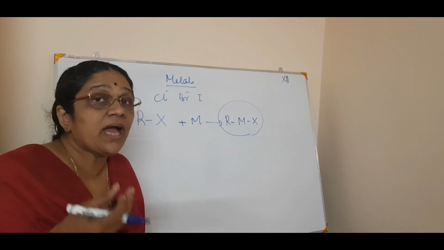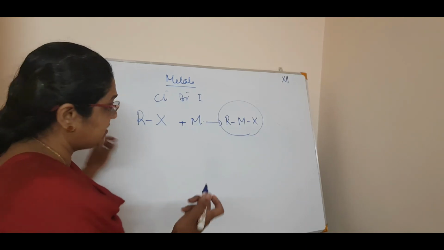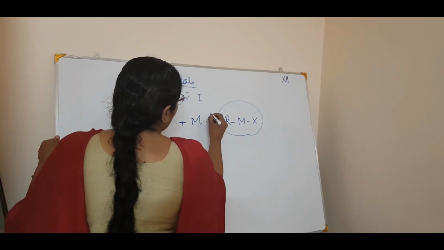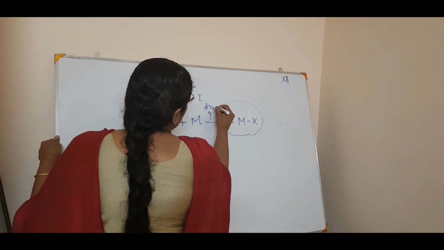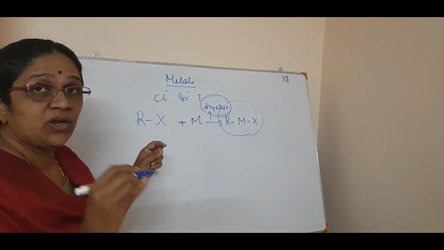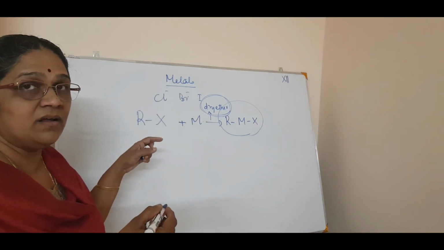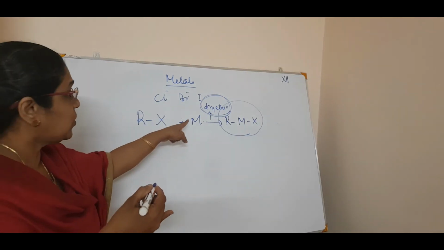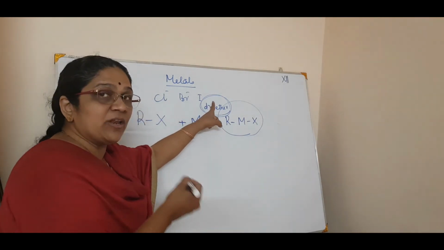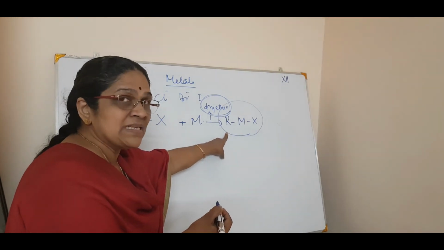And the first organometallic compound was prepared by a scientist called Grignard. And this only happens in a dry ether medium. Very important. If I say important, you have to color it with some other color. I will tell you why. So in dry ethereal medium, it forms an organometallic compound.